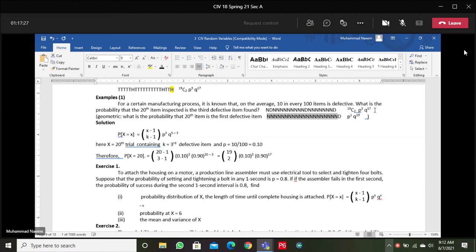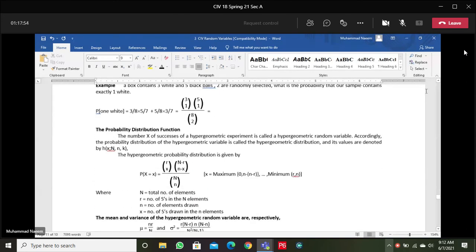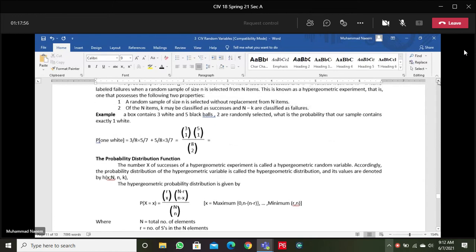Only a single outcome is there, so one is the coefficient, but no need to mention one. This is our probability, this is the answer. So this is the difference between negative binomial and geometric. And hypergeometric we have already discussed in the previous chapter.